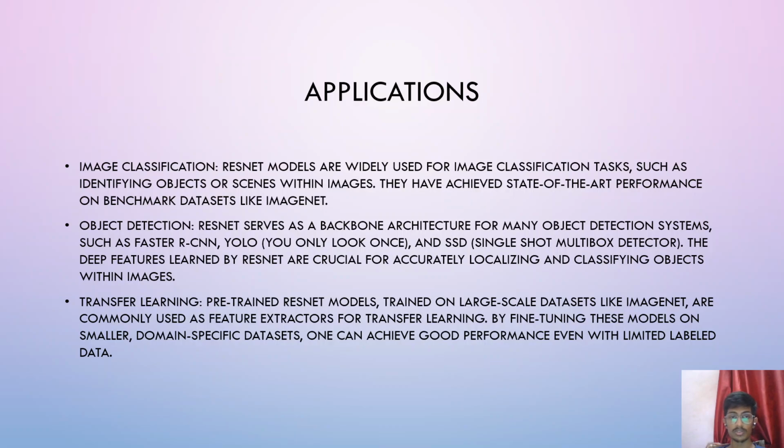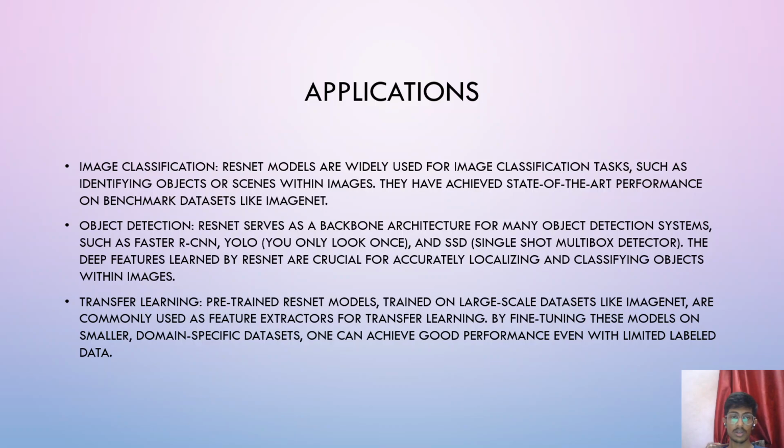The deep features learned by ResNet are crucial for accurately localizing and classifying objects within an image. It's not easy to extract those features, and that is one of the challenging things that can be achieved by ResNet.